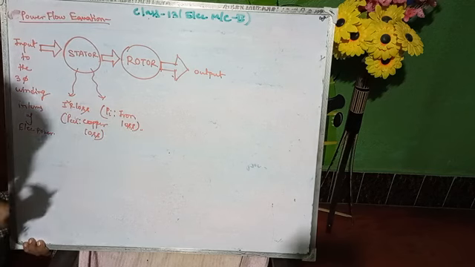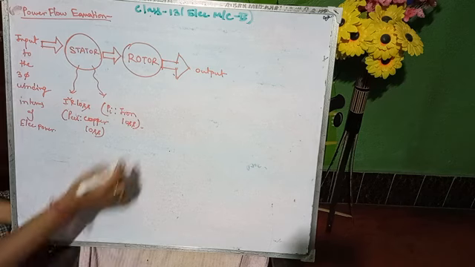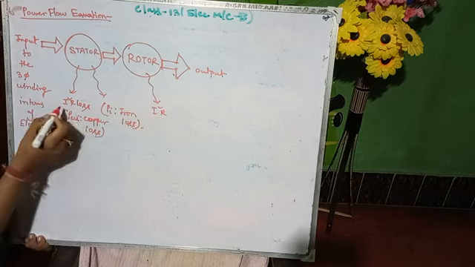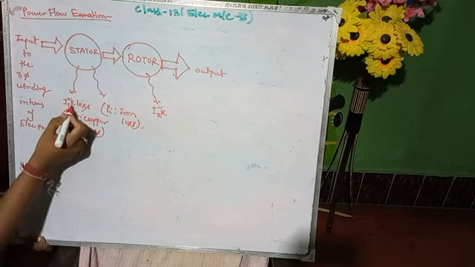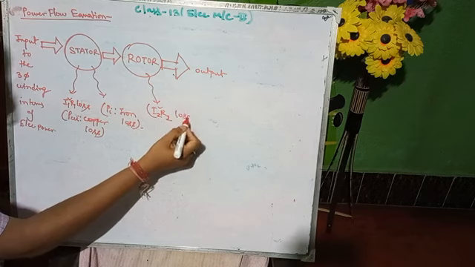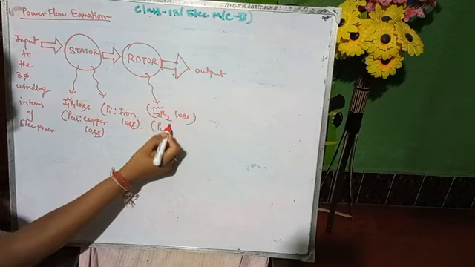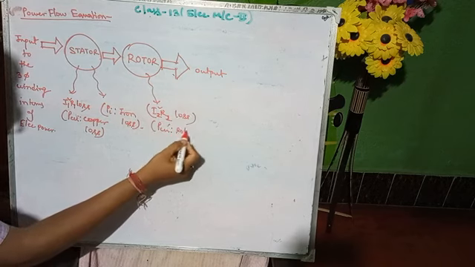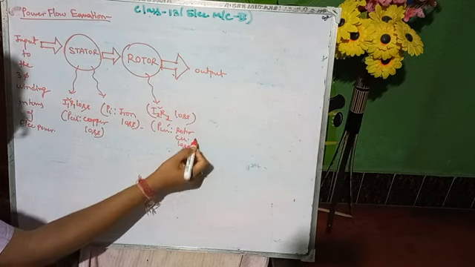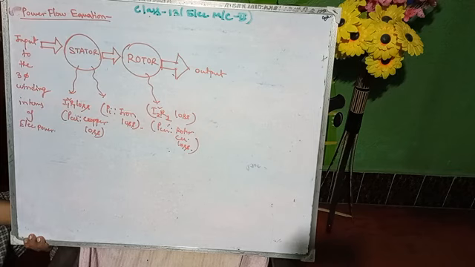From the rotor there is also I square R loss, so let us consider I1 and I2, and R1 and R2. So I2 square R2 loss, that is PCU dash, is the rotor copper loss.